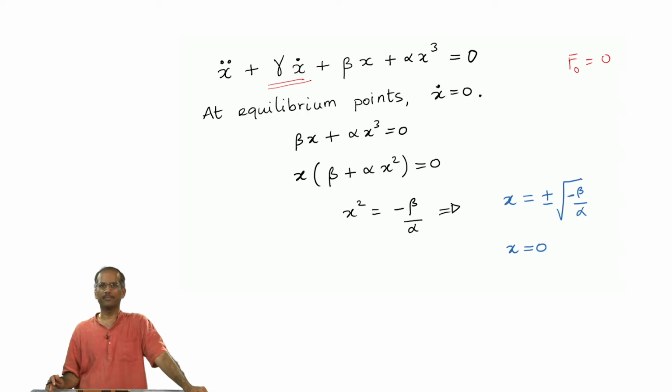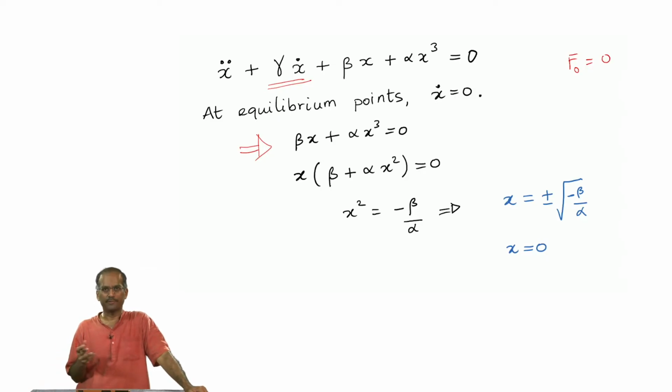So, to find the equilibrium points, all you need to do is to put x dot equal to 0, velocity is 0. In which case this term gamma x dot will go to 0 and x double dot will also go to 0. So, you are left with this condition that beta x plus alpha x cube is equal to 0.